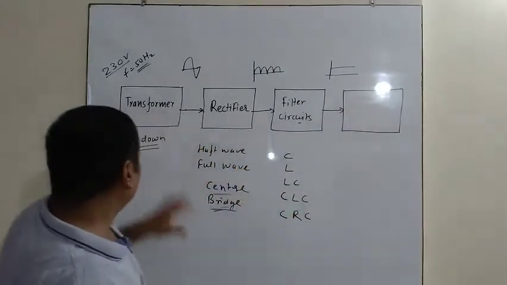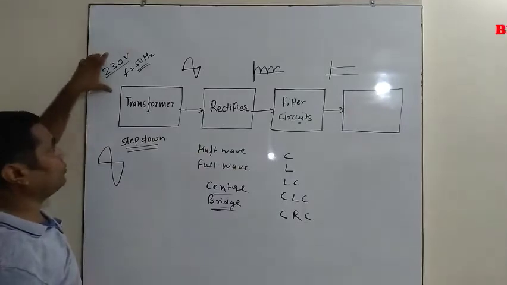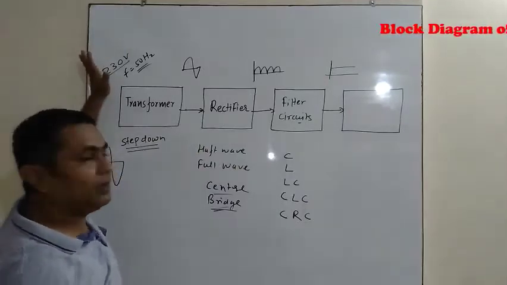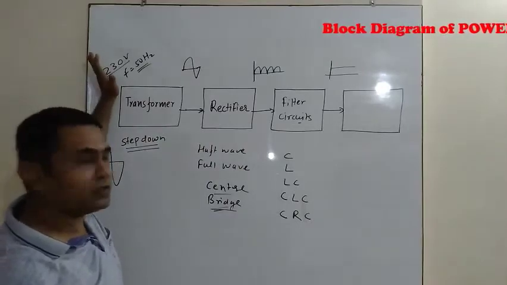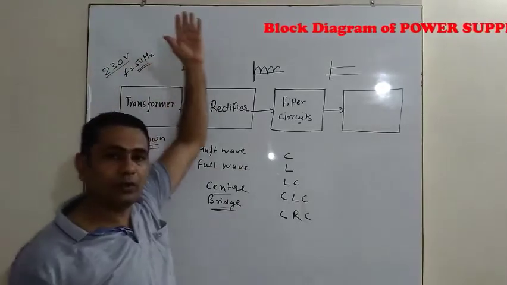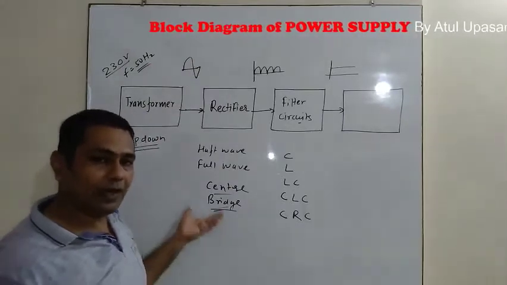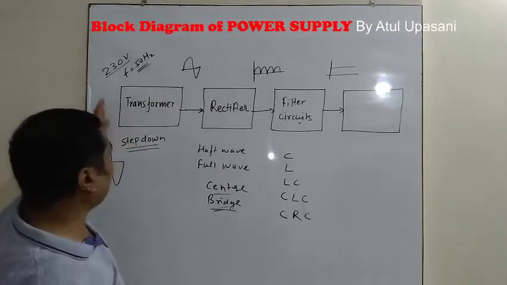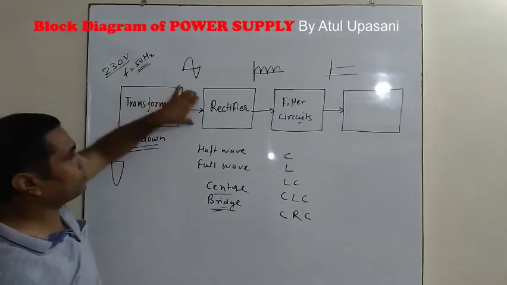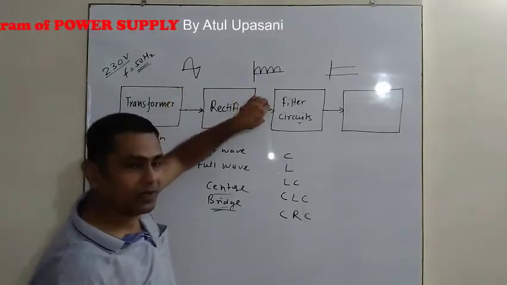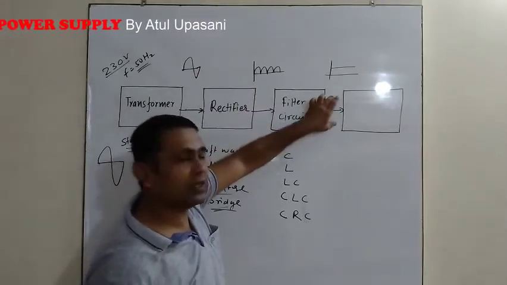Then after the filter circuit, another circuit is used, and it is the most important circuit here. Why? Because this 230 volt generated from the power station does not remain constant. It also fluctuates. It may become 250 volt on the higher side, or 210 volt at the input side. If this voltage fluctuates, that will create fluctuation at the output of the transformer, the same fluctuation at the output of the rectifier, and the same at the output of the filter circuit.